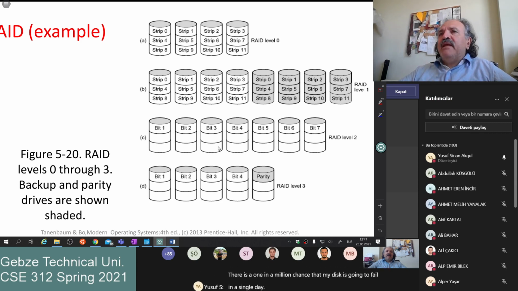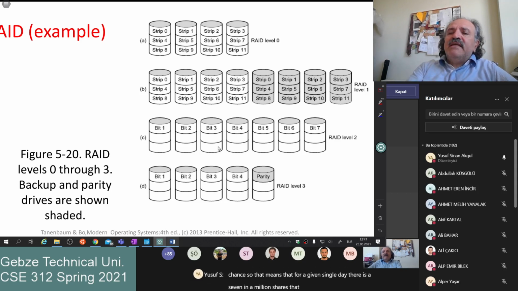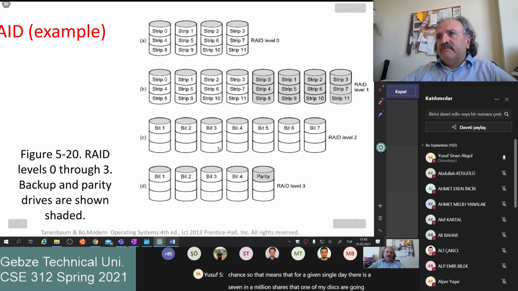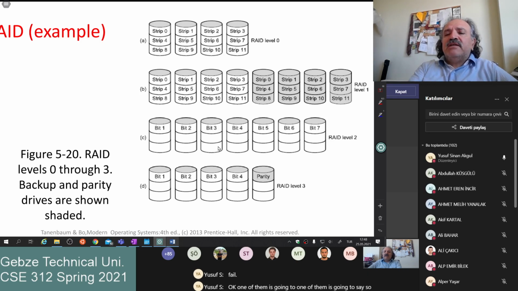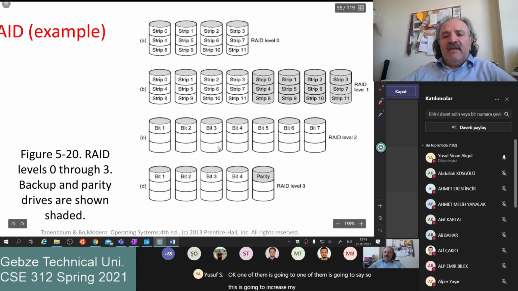If I have 7 disks, each one has a 1 in a million chance, so for a given day there is a 7 in a million chance that one of my disks is going to fail. This increases my chances of having a corrupted disk space.